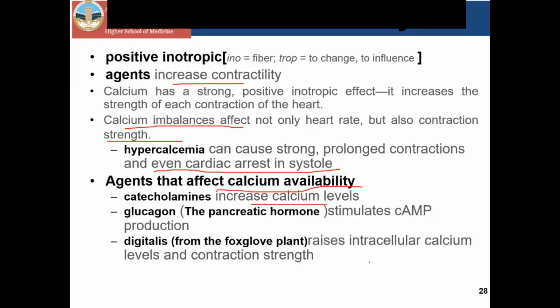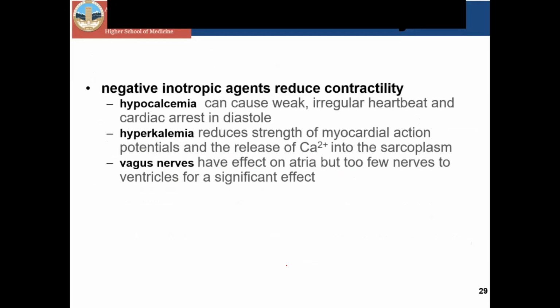And digitalis, which comes from plants, raises intracellular calcium level and contraction strength. Here, negative inotropic agents reduce contractility. Hypocalcemia is again understandable, because without normal calcium level we can't contract. That's why contractility will be decreased.